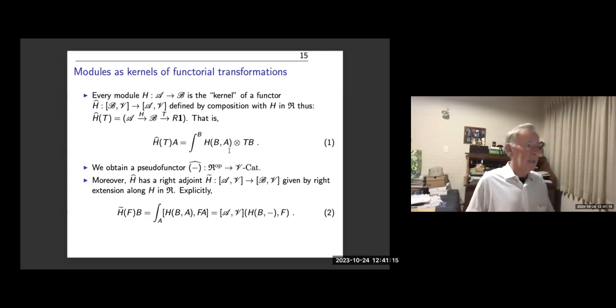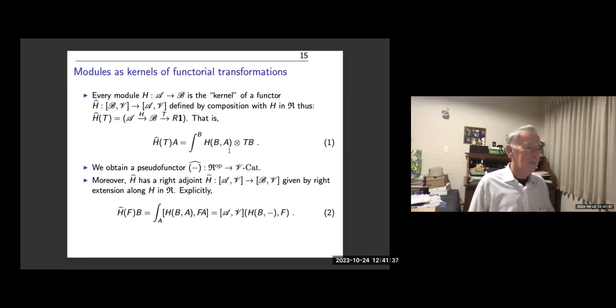So that's really what it is. If you take a module from A to B, using this integral notation, the word kernel gets used, which is what they use for kernels of operators in analysis. It looks a bit like that.